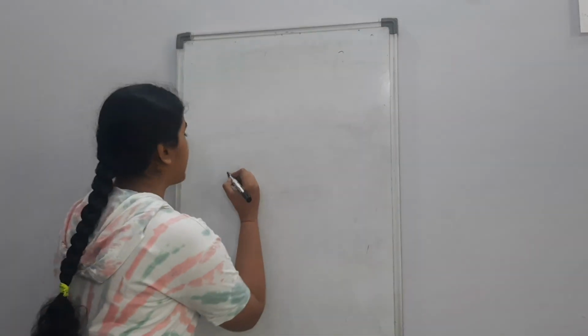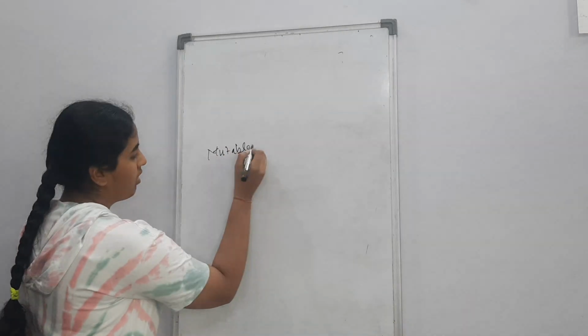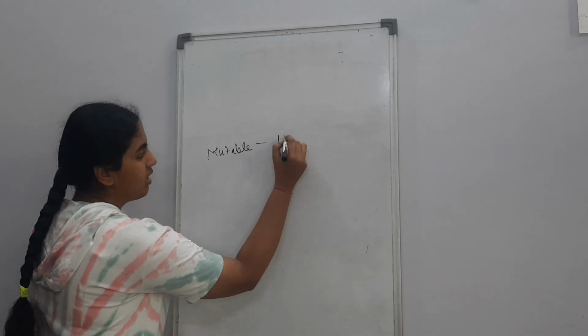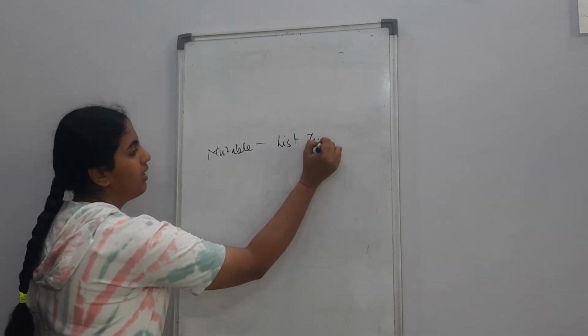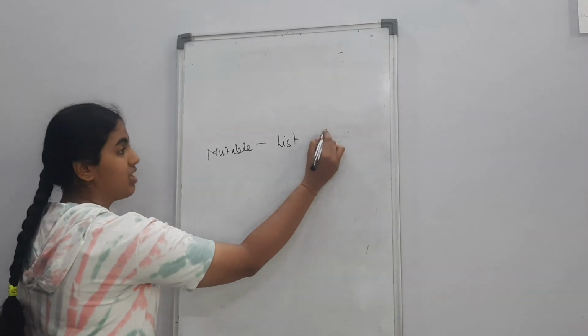Okay. And then there are mutable and immutable. Mutable basically means changeable, immutable means unchangeable. So, what are mutable and immutable data types? If I want to give examples, then in mutable we have list and dictionaries.